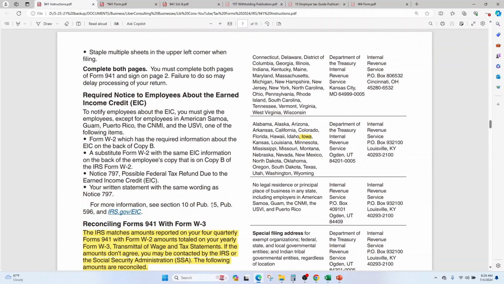You choose the address from the third column, with payments, that corresponds to the state where your business is located. So you put that address on the envelope to mail Form 941 with the Form 941 voucher and check. That is mailing with a payment, to the address that corresponds to the state where your business is located.